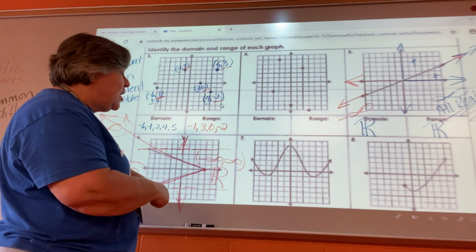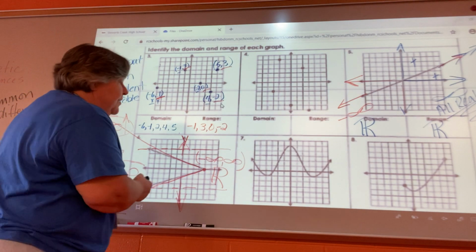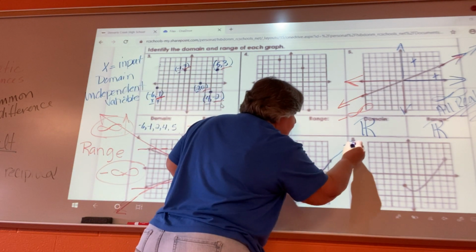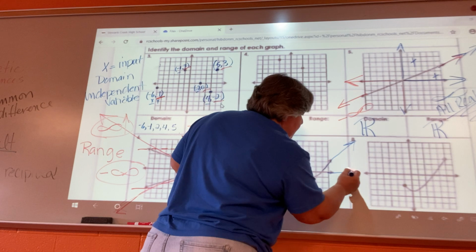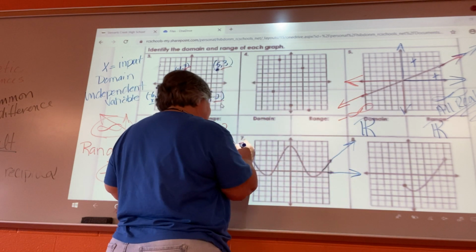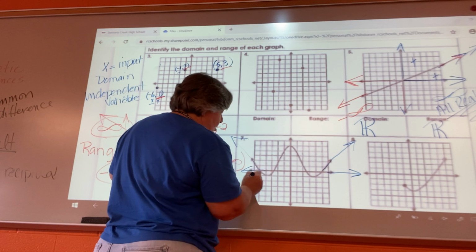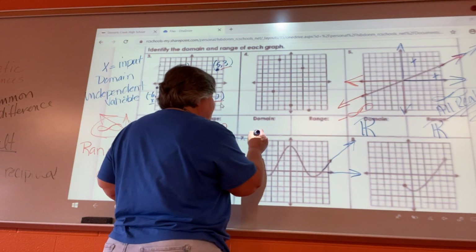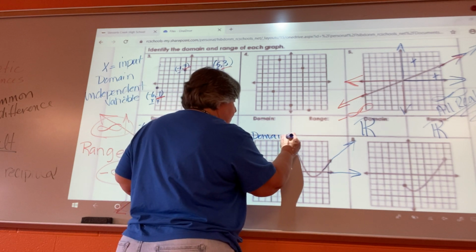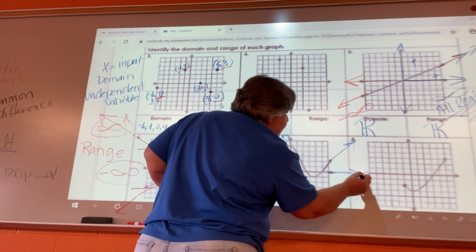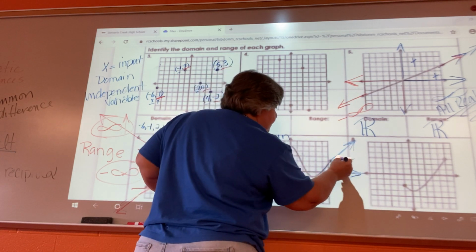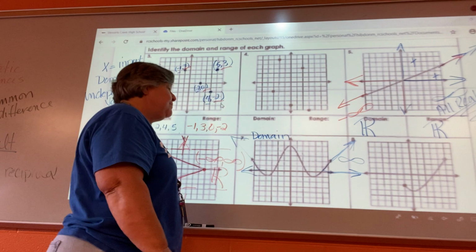It shows that this one goes out like this, and it's going to go out that way, and it's going to go out this way, which is the X, or the domain. When it goes out this way, this is an arrow going out that way, that's positive infinity.